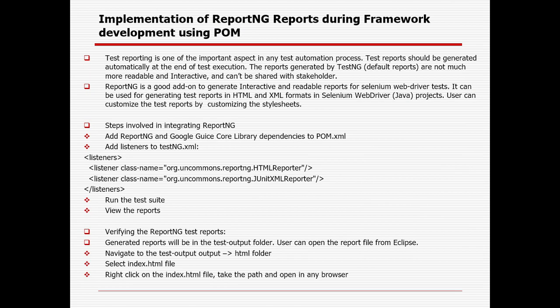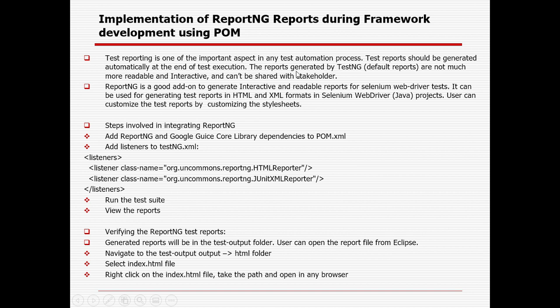So now, with the help of listener class, we are getting some inbuilt report with the help of TestNG, because TestNG has some default report configuration, but sometimes it is not available to present to the respective stakeholders. So we have to go either with ReportNG or the Extent Report, where you can customize our report based on the requirement.